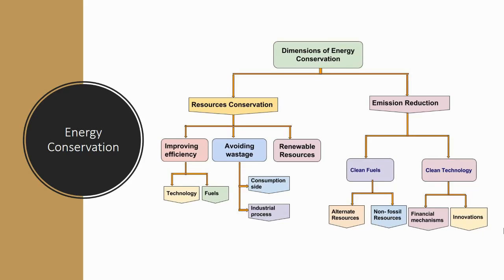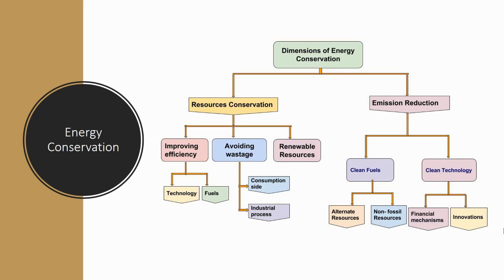Now, when looking at energy conservation, there are two ways we can look at it. Number one, we can look at simply resource conservation, right? How do we conserve the reserves of fossil fuels, for example, so that they last much longer than just say 50 to 100 or so years? Well, we can look at improving the efficiency of things that depend upon those fossil fuels.